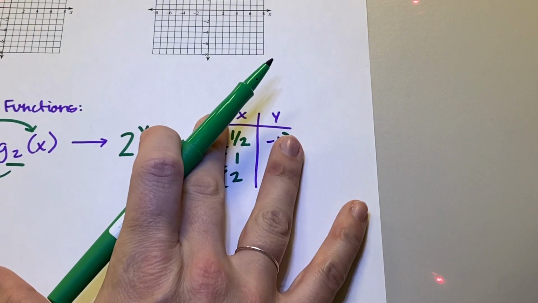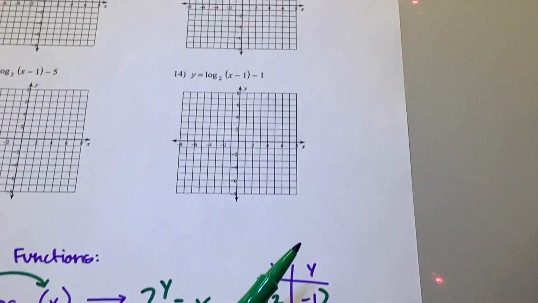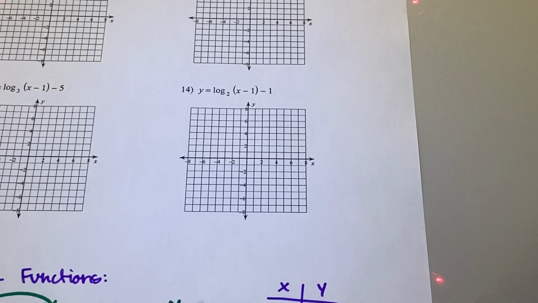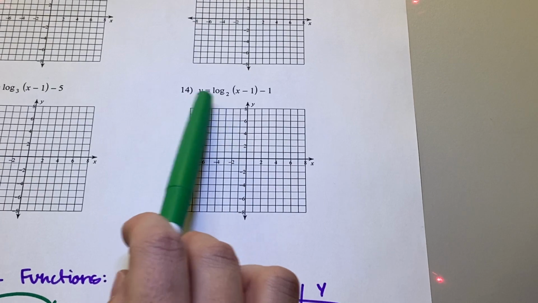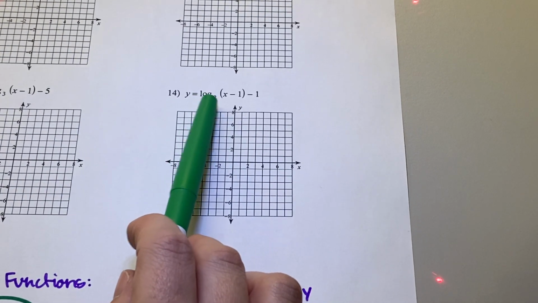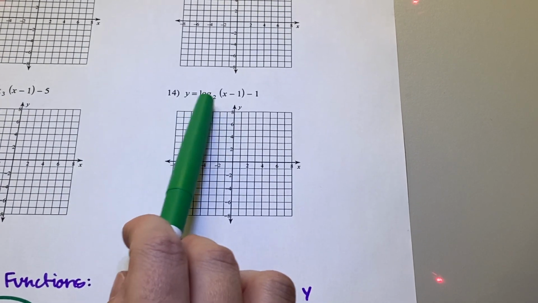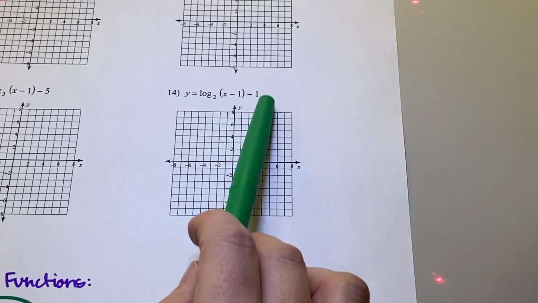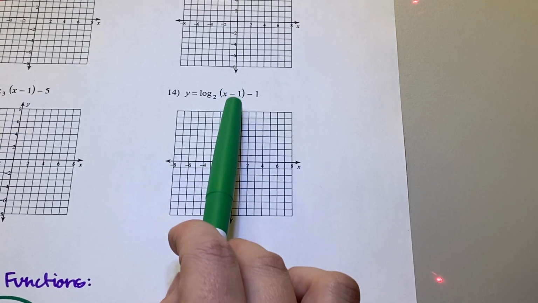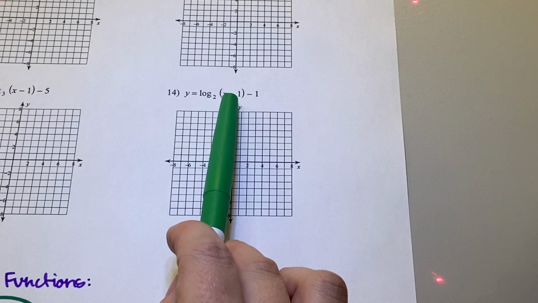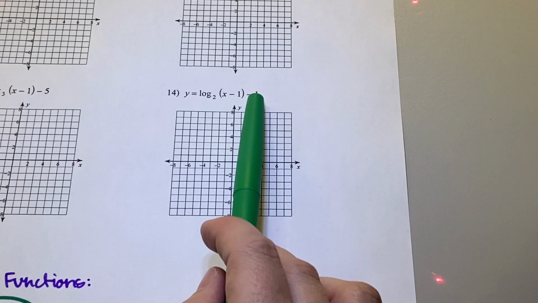Let's look at number 14. Ignore 11, 12, and 13. We have our log base 2, but what's been added, you guys? What do we see now? Parentheses, something inside the parentheses, something on the outside of the parentheses.